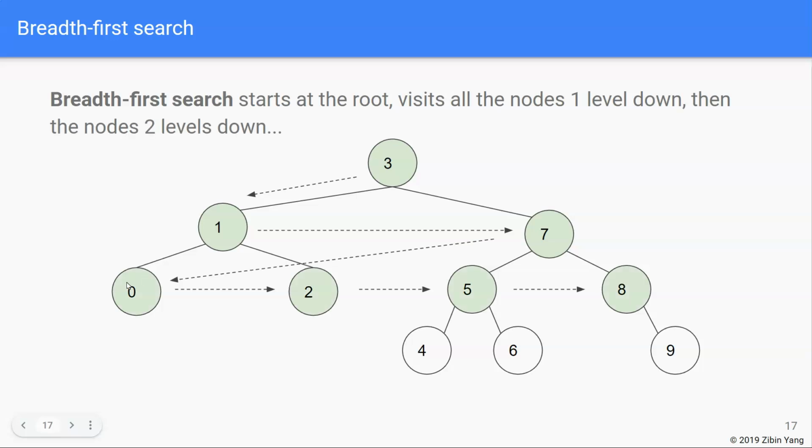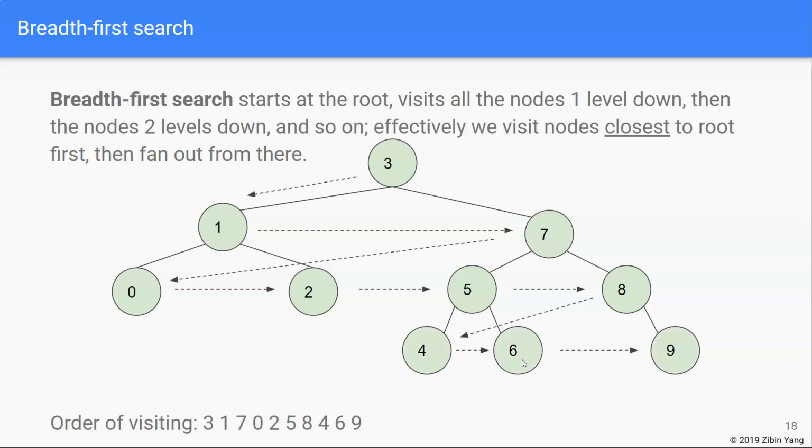So it'll visit 0, 2, 5, 8 next, and so on and so forth. The next level of nodes it visits are 4, 6, and 9. Effectively, it starts at the root, visits the nodes closest to the root, and then just fans out from there. And this is the order of all the nodes that BFS visits.